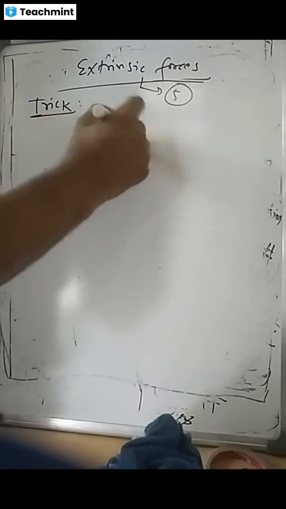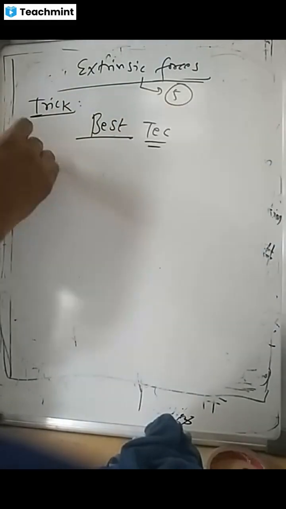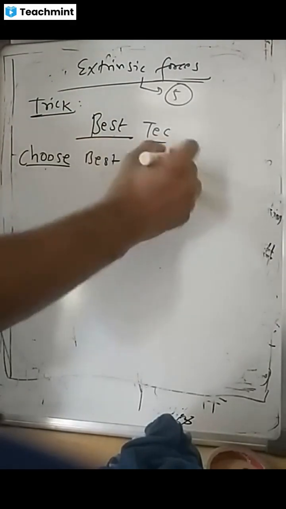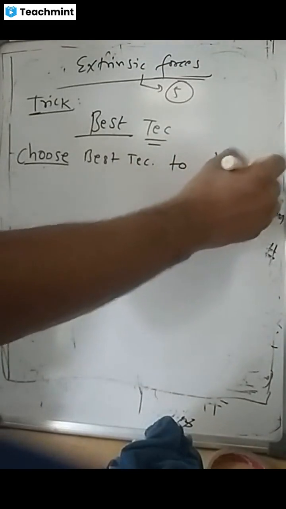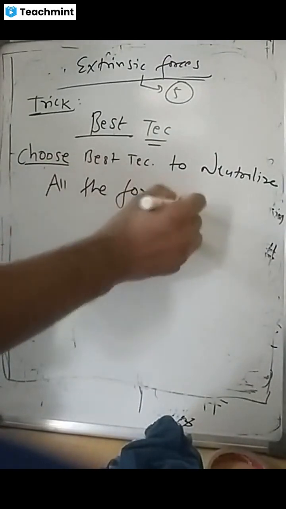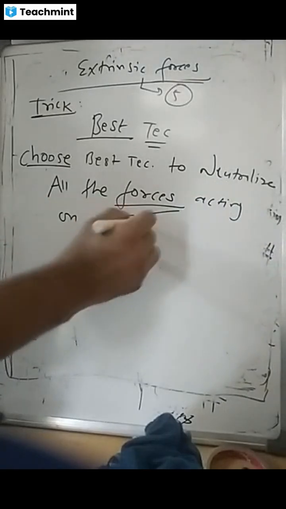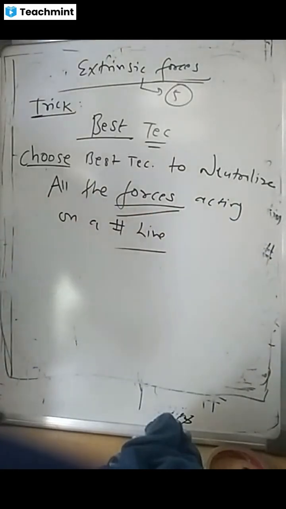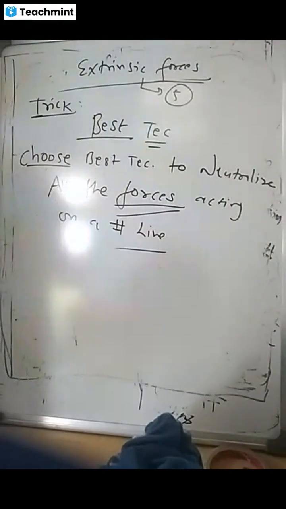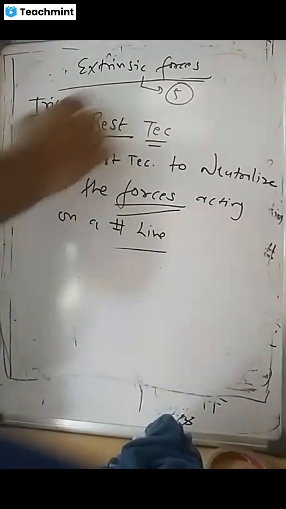The trick is BEST technique: choose the best technique to neutralize all the forces acting on a fracture line. This trick is BEST technique because we want to choose the best technique to neutralize all the types of forces which are acting. So what is this BEST technique?